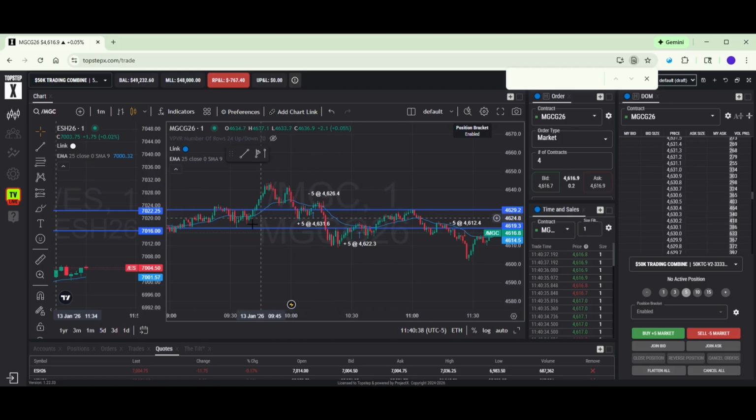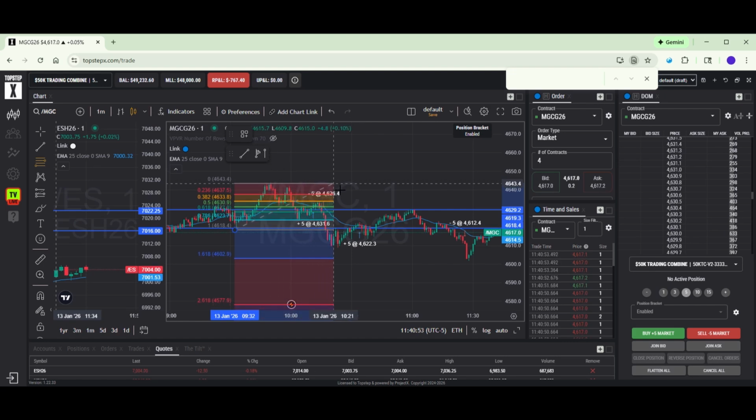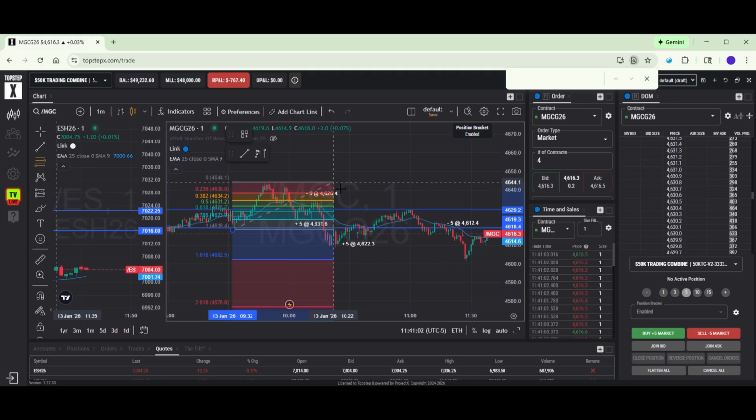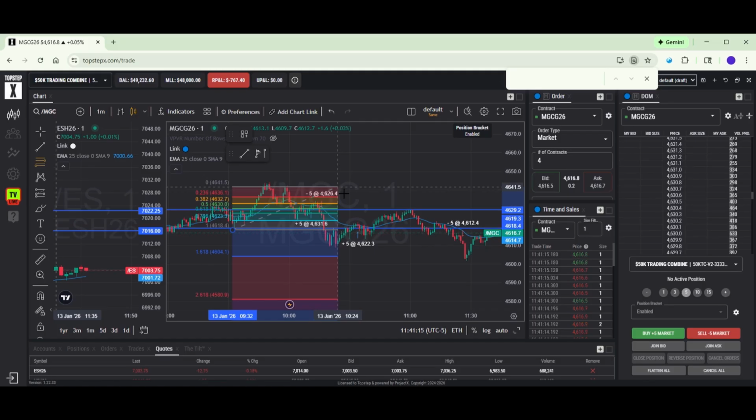If we draw the fib or retracement tool, you'll see that we had a move below the golden ratio, then a move up, but we didn't get the follow through for the bullish trade, and so I sold these longs at a loss. By the way, I'm using 5 micro contracts.